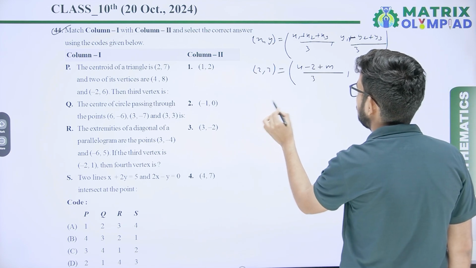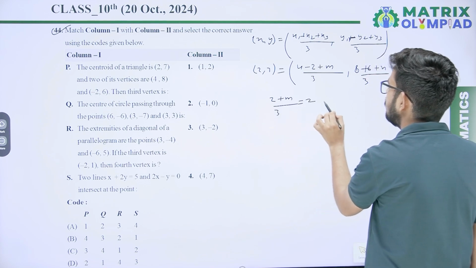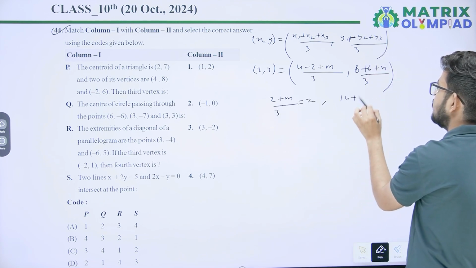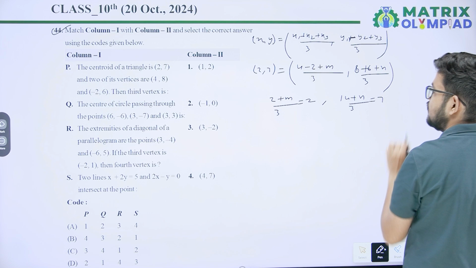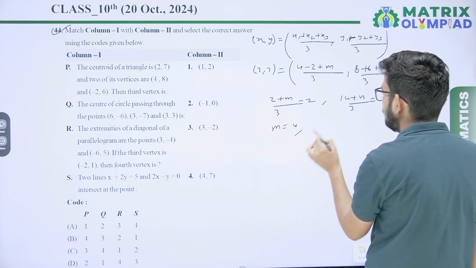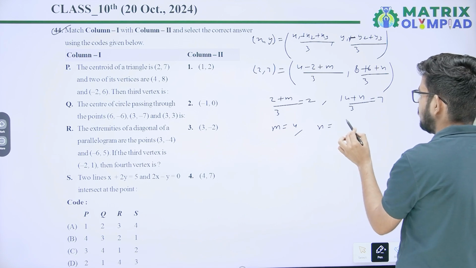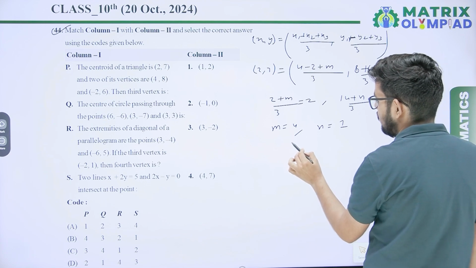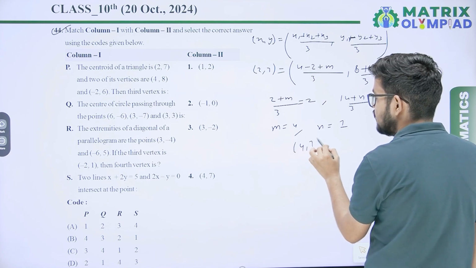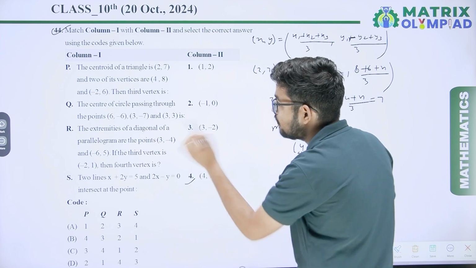So after simplification you will get 2 plus m upon 3 equal 2, 14 plus n upon 3 equal 7. So m equals 6 minus 2, that is 4, and n equals 21 minus 14, that is 7. So the third vertex is 4, 7. The fourth one will be the correct answer for P.